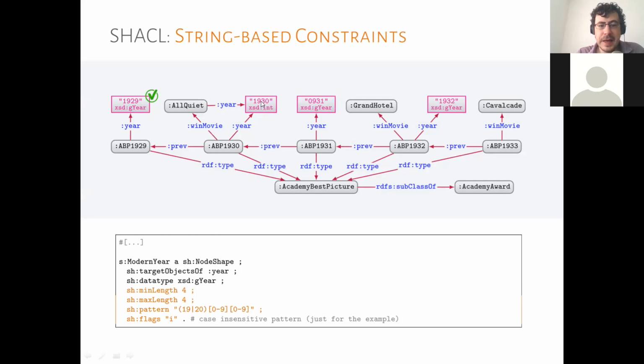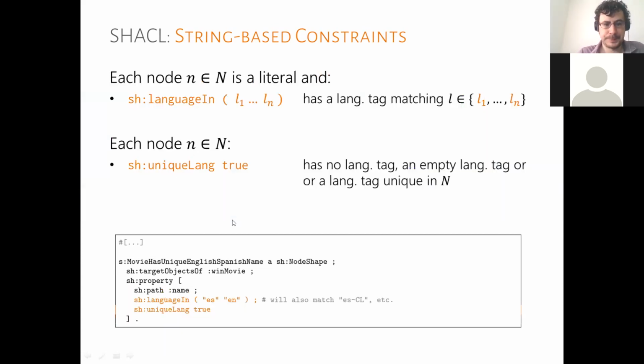In this case, 1930 looks okay, but it's an XSD int, which does not satisfy this data type constraint, so this is going to fail. This one does not start with 19, so this one's going to fail. And this one looks okay: it has length 4, starts with 19, has two numbers following it, and is a gYear, so it looks okay. So we can also specify constraints on data type values and strings and so forth.